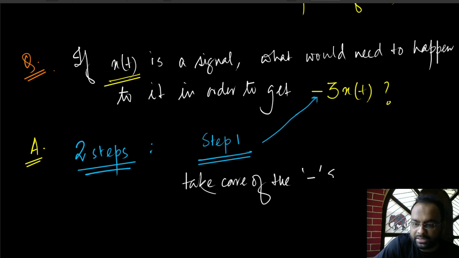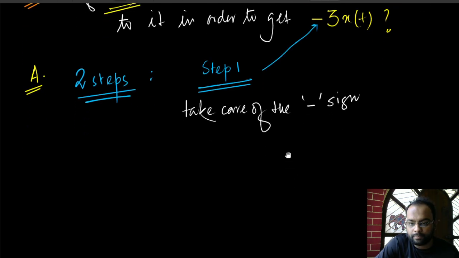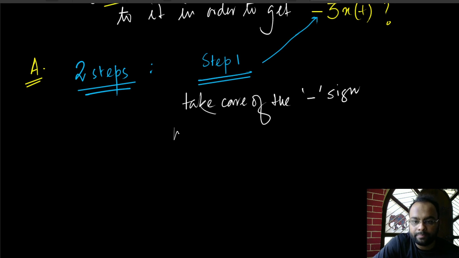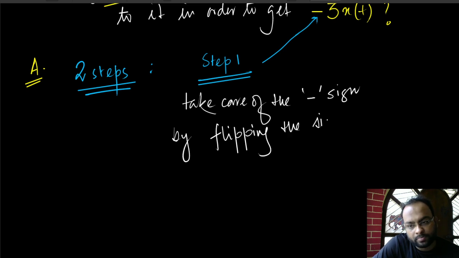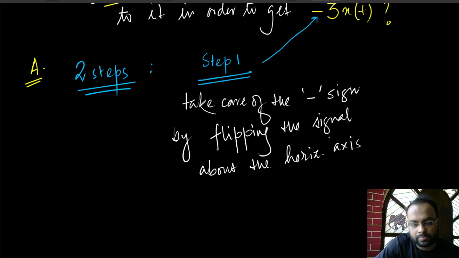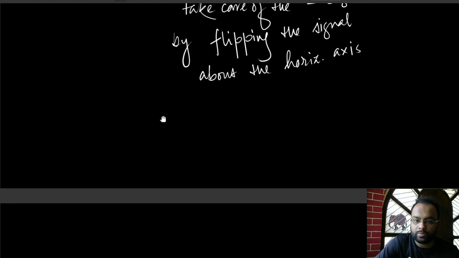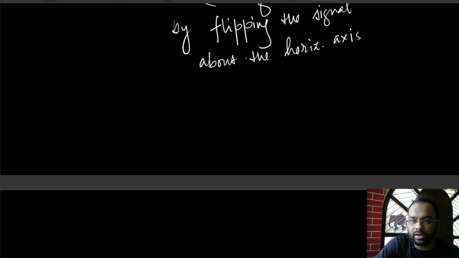So how do you take care of the minus sign? By flipping the signal about the horizontal axis, right? So this is how we go about it.